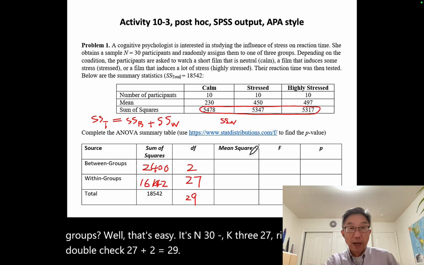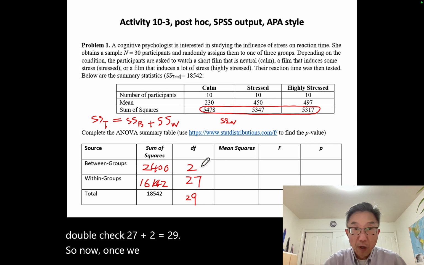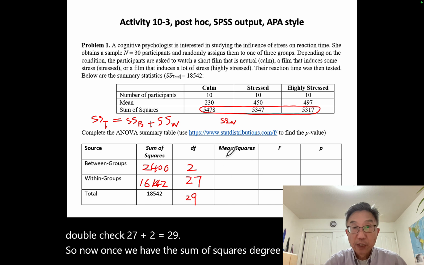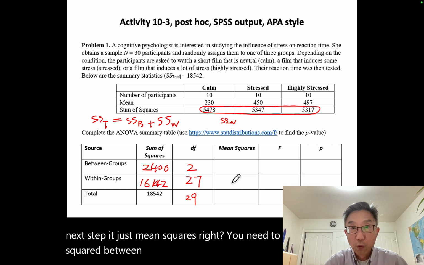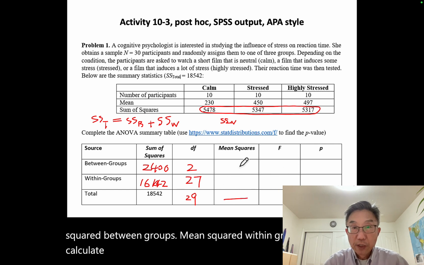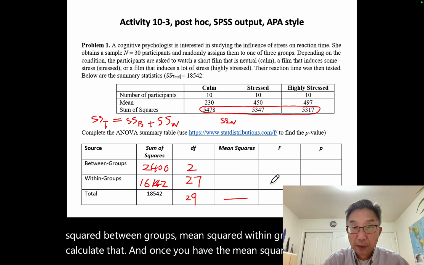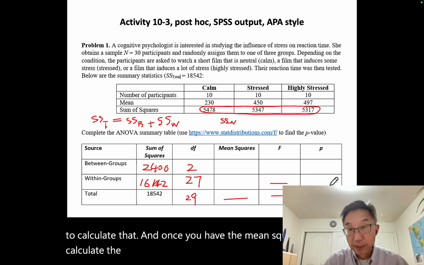So once we have the sum of squares and degrees of freedom, the next step is mean squares, right? You need to calculate the mean square between groups and the mean square within groups. Once you have the mean squares, you can calculate the F statistic.